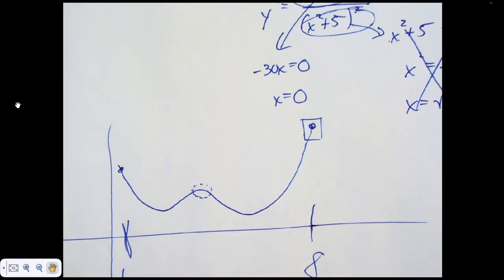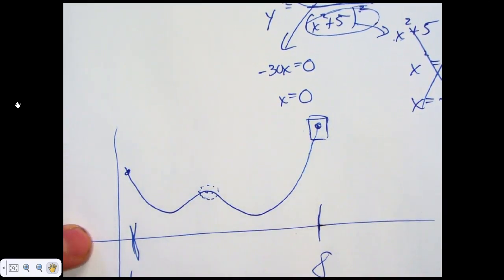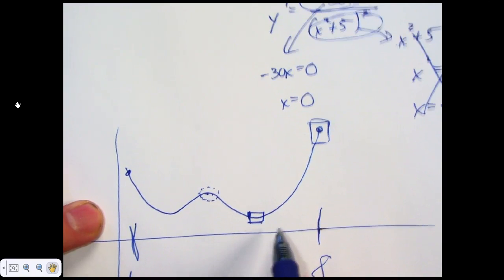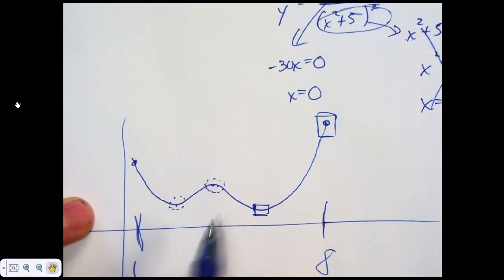So a relative max is just locally, in its little neighborhood here, is it the king of the hill? So that's a relative max, and the absolute max is the biggest of the whole thing. So you've got the same thing with the mins. You've got an absolute min here that's the lowest. But this is a local min or a relative min because in its little neighborhood, it's the lowest. Good question.